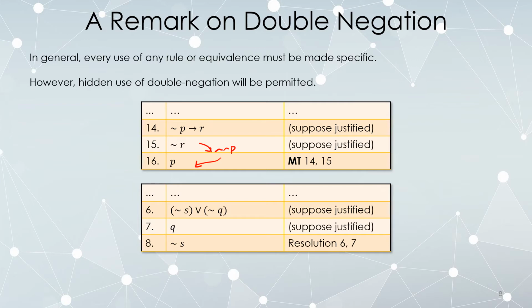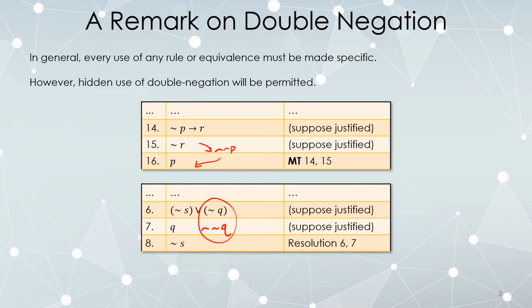Similarly, if I know not S or not Q, but I know Q. Now, if I want to apply the rule of resolution, what I need is an OR statement, there it is, and the negation of one of its arguments. So very, very strictly speaking, if I had Q, I would have to do not not Q, and then I can do resolution. But again, that's a very straightforward use of double negation that we don't really require to be its own line.